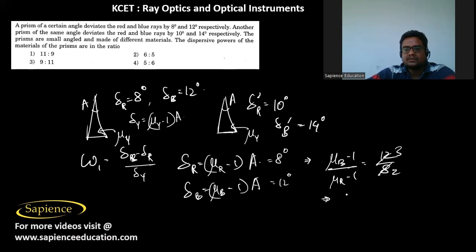Now we can say that mu b minus 1 is equal to 3, let's say 3 mu.